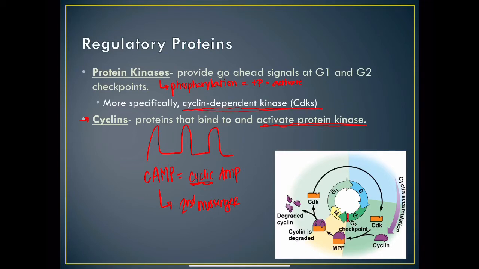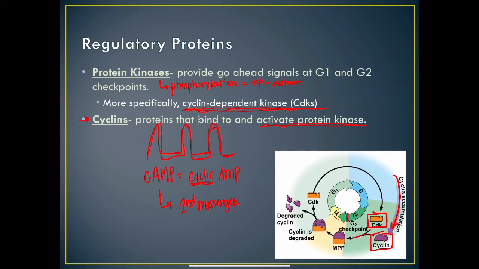So what specifically we are looking at here, the specific type of kinase, is a class of kinases called cyclin-dependent kinases, or CDKs, okay? So you have your protein kinase, your cyclin-dependent kinase, or CDK, which binds to a cyclin once they've accumulated, okay? Because again, they're cyclic. They rise and fall and rise and fall.